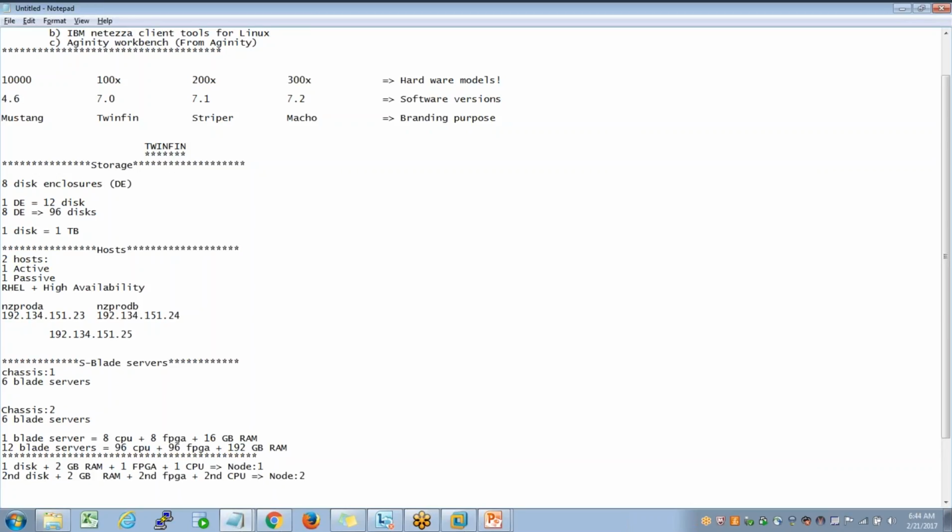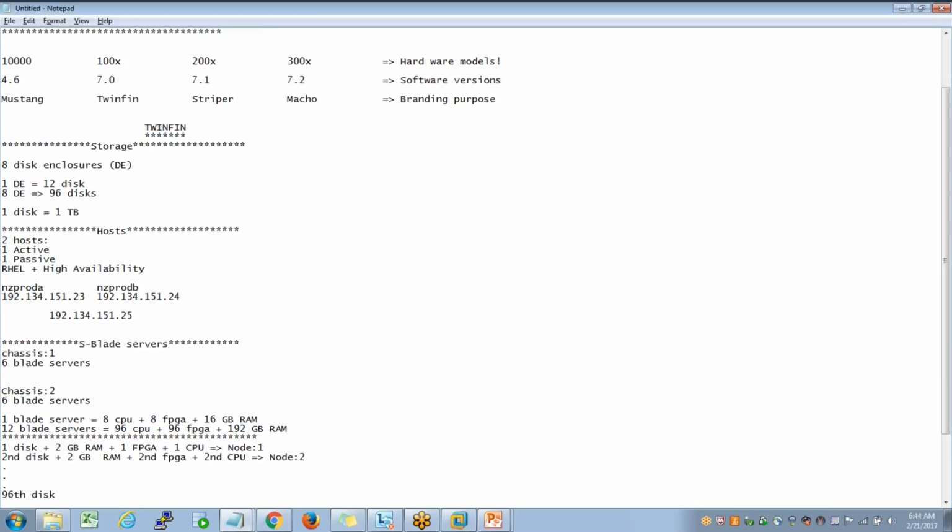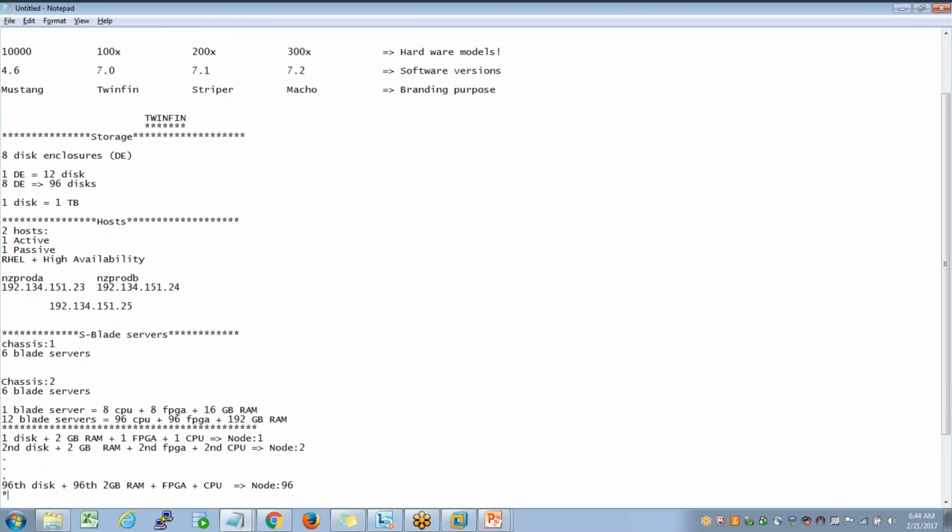Like this, you have 96 disks, each with 2 GB RAM plus FPGA plus CPU. So we have 96 small computers within this Twin Fin architecture.